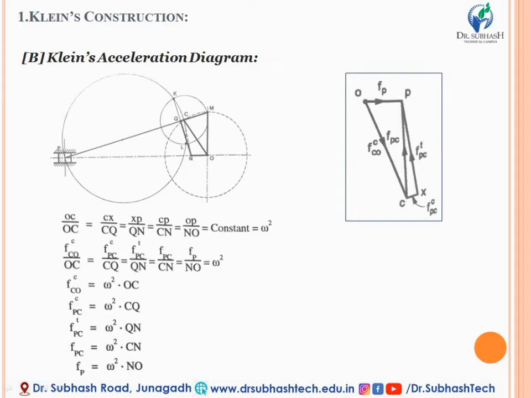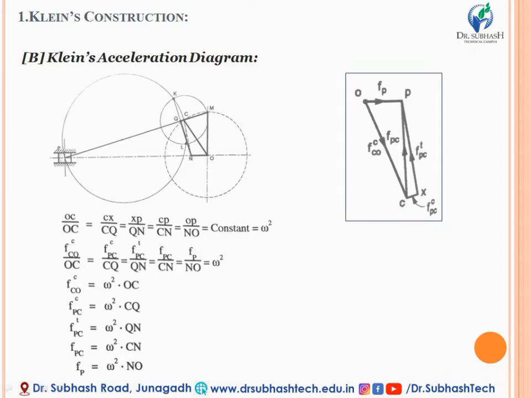In that video we discussed the velocity diagram, the calculation of components of velocity during power or motion transmission. But in this case we will discuss how to draw an acceleration diagram by using Klein's construction procedure.